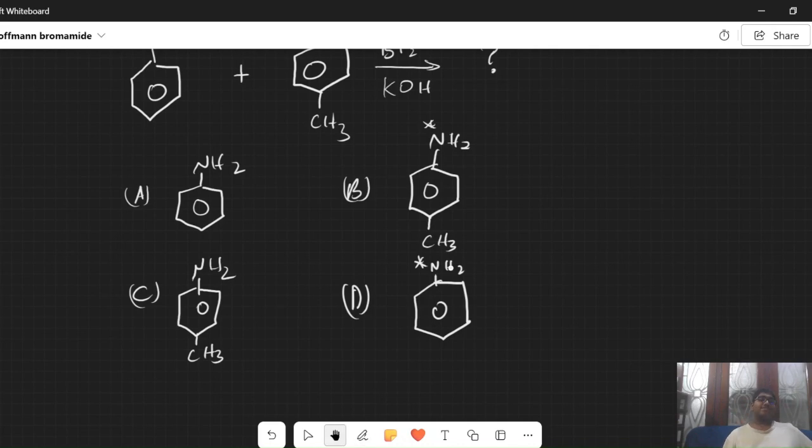Now, this is where things get pretty clear, like why the cyclic transition state was taken as the actual mechanism. In case of the cyclic transition state formation, only intramolecular reaction is possible. It is an intramolecular rearrangement taking place. The alkyl group is being transferred in the same step as the bromine is leaving from the nitrogen.